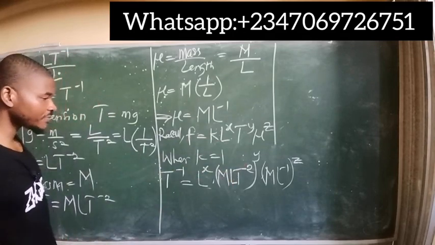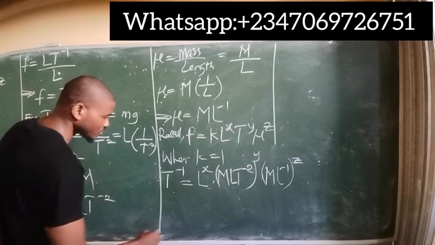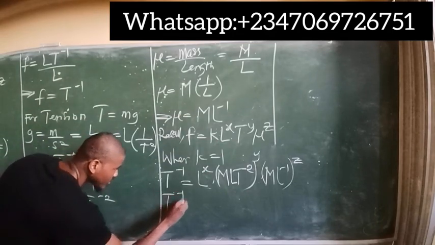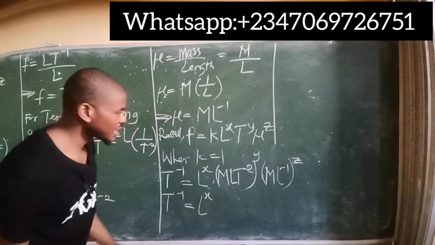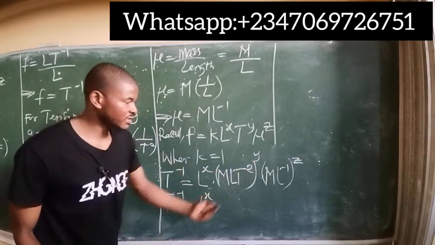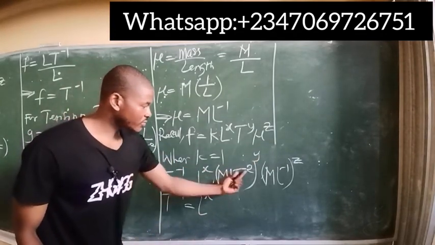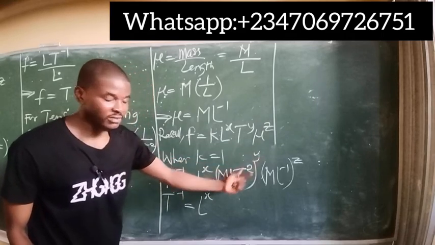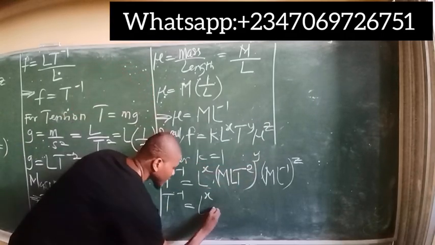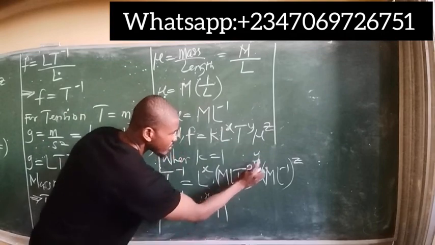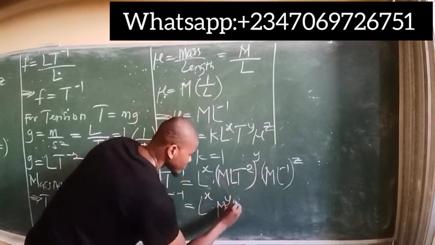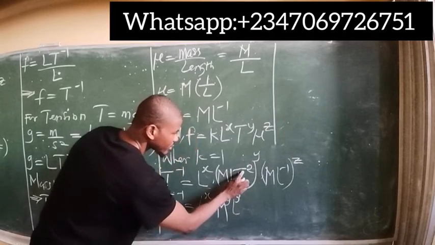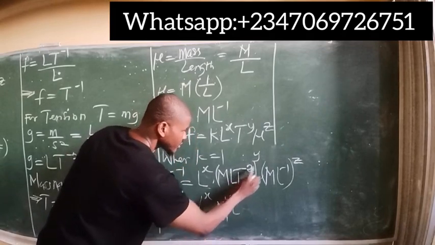So if we now expand this bracket, we are going to have that c to the power of minus 1 is equal to l to the power of x. And if we expand the powers of all these variables with the power outside the bracket, we are simply going to have times m to the power of y, times l also to the power of y, and then times t to the power of minus 2 to the power of y.